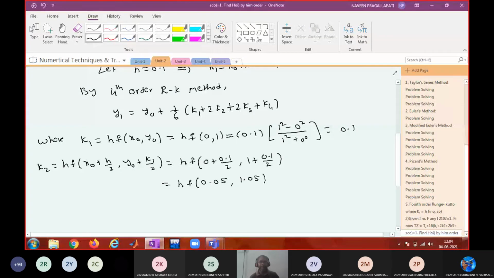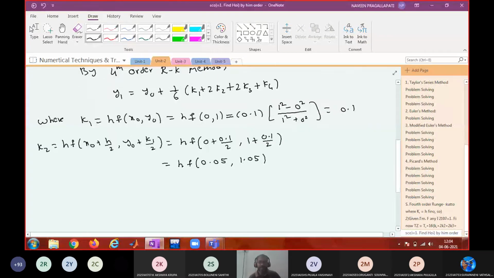Am I right? So this is 0.1 into ((1.05 whole square minus 0.05 whole square) by (1.05 whole square plus 0.05 whole square)). Compute k2.